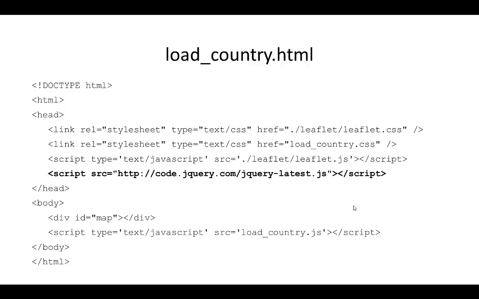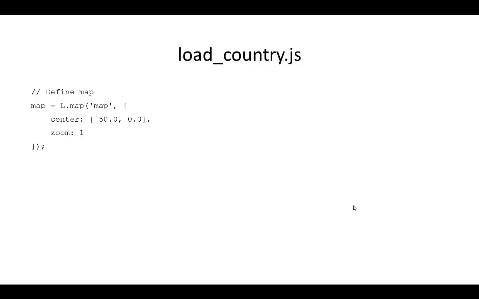I'll just grab the latest one off the web. So in my JavaScript, the first thing I do is create my map. There's no base map here, no tile server, just loading that data up.